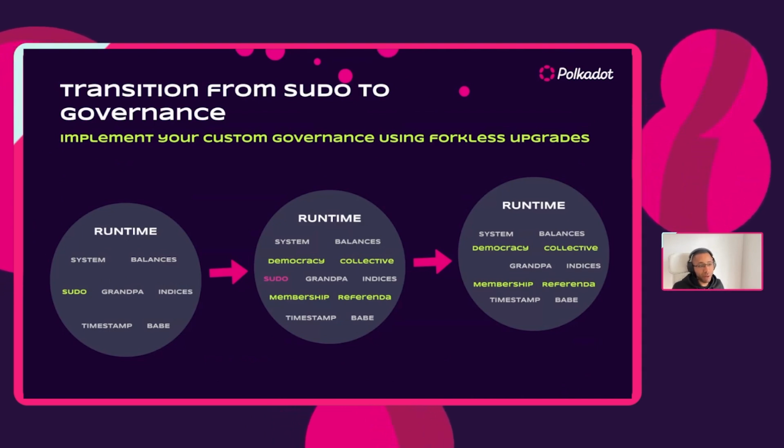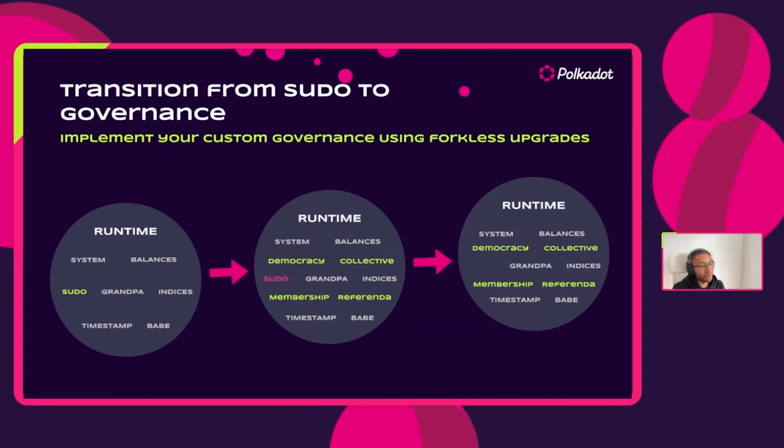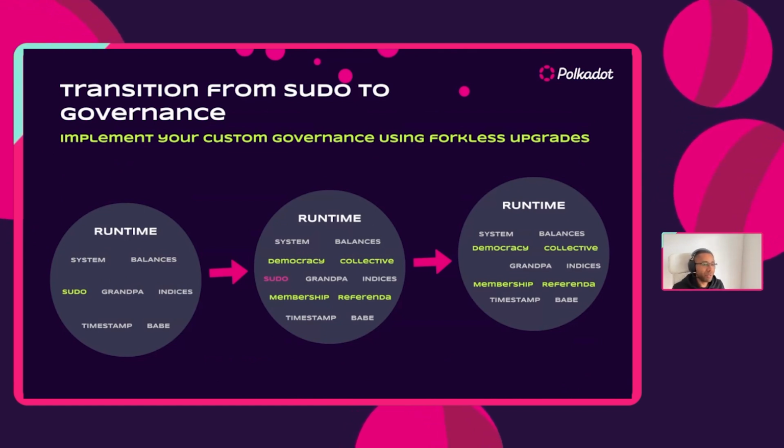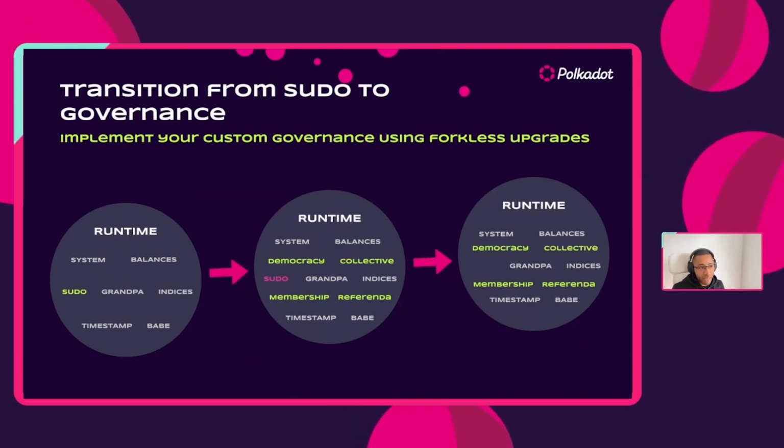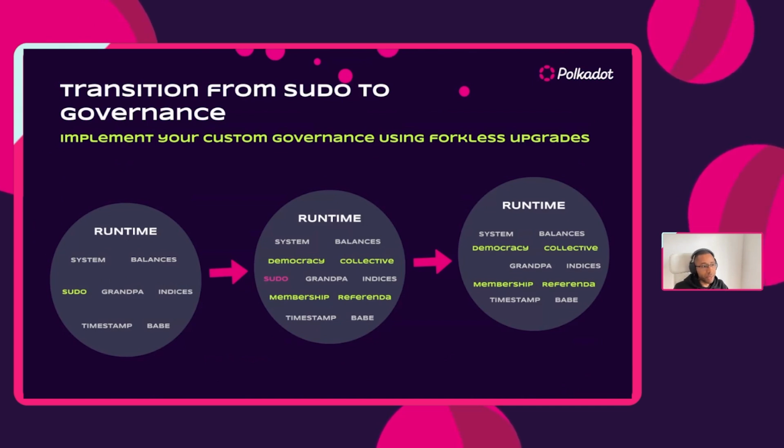So most parachains may start with sudo, but quickly switch to some form of governance to execute higher privileged functions. In fact, Polkadot also started with sudo, and one of the main stages of becoming a truly decentralized network was the implementation of governance, and it then used that same governance to decide and execute the removal of sudo itself. So what are the options instead of sudo?